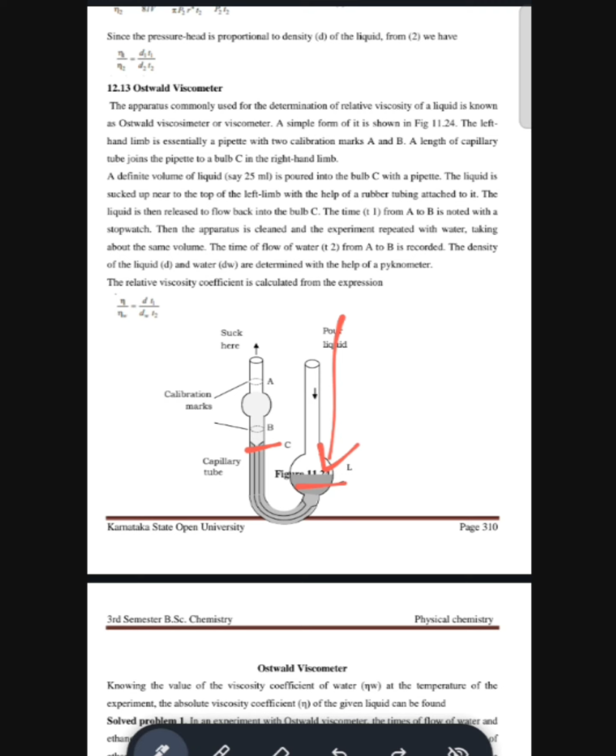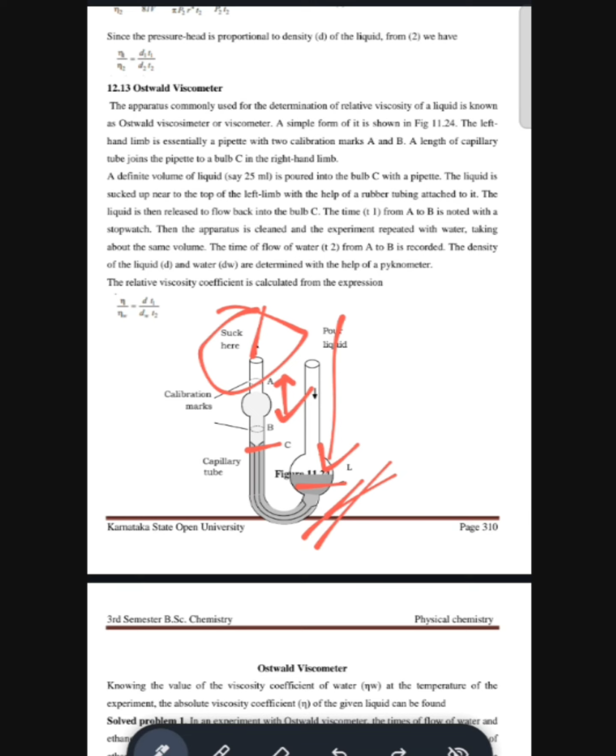The liquid is sucked up near to the top of bulb A, until it comes to B. Then it is released to flow back into bulb C. We measure the time t1 from A to B, noting the time taken with a stopwatch.